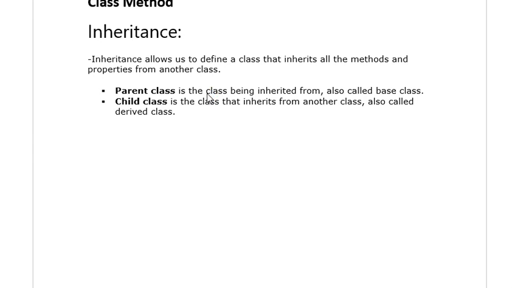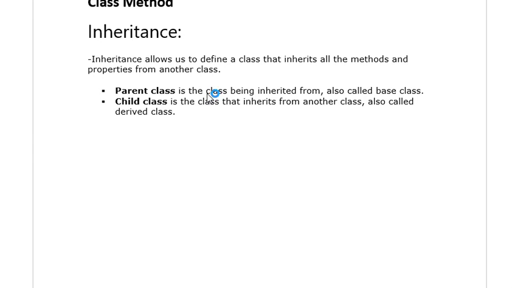The methods and properties included in the parent class we can use in the child class. The parent class is like a pillar, a base for the other classes, so it is known as the base class.